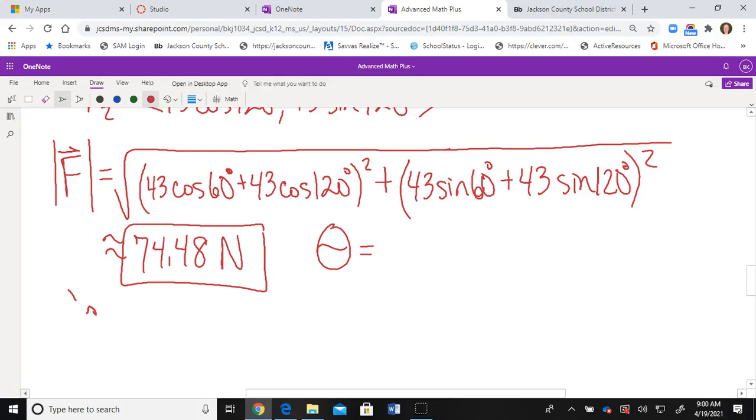Okay, so we had this problem on our homework where the newtons were exactly the same. It's just we're going at 60 degrees and 120. If the forces are the same and they're just going in different directions, what direction are they going in once they combine? What do we do with this 60 and 120?